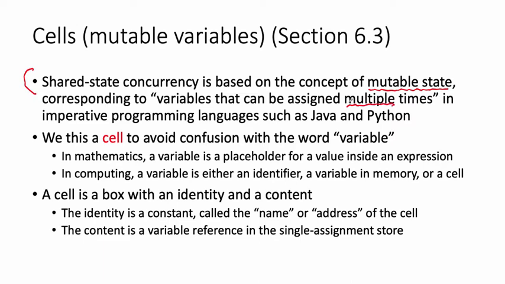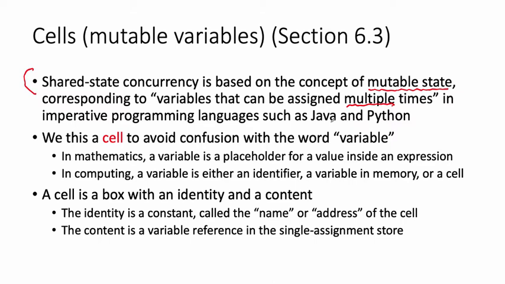This is something we didn't really see in this course yet, because it's not actually very easy if you want to make complex programs. So we did not emphasize it, but now we have to talk about it because shared state concurrency is based on mutable state accessed from many threads.